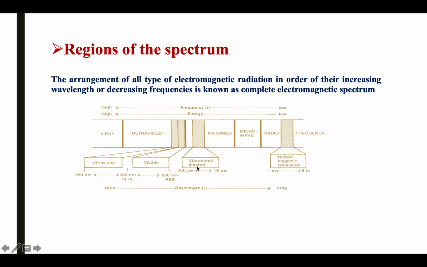After that, you will have the visible range, then ultraviolet, then X-rays. That's how the arrangement of frequencies is given here. So this is the electromagnetic spectrum.